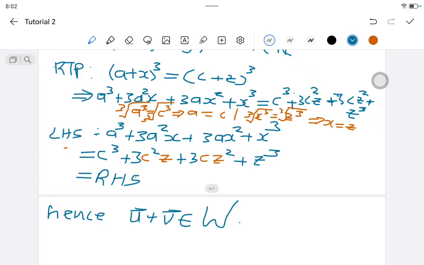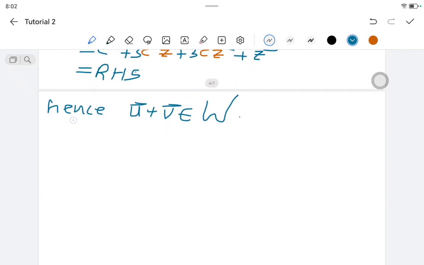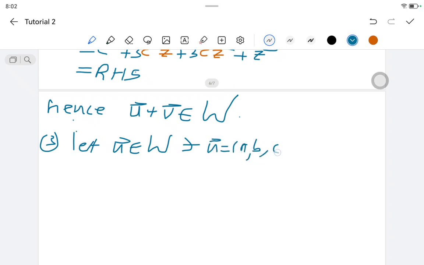Now, since we have shown this, we can now come to the third condition of showing scalar multiplication. So for us to show that, we need to first let u be an element of W, such that u is equal to (a, b, c), which is an element of R cubed, such that a cubed will be equal to c cubed.